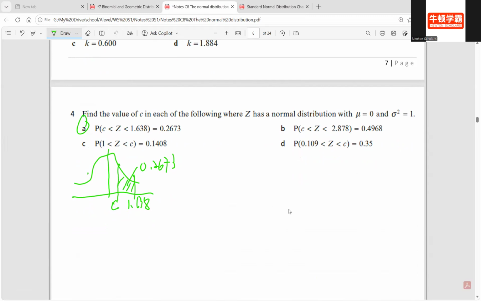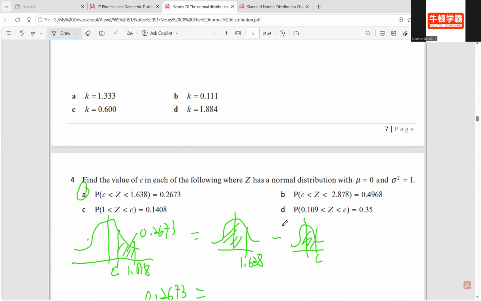For here, I want to find the C, right? If you still remember what I told you just now, you have to use this area, the whole thing, minus the C. So we try to find it. I just put 0.2673 first. 1.638 is what you get.